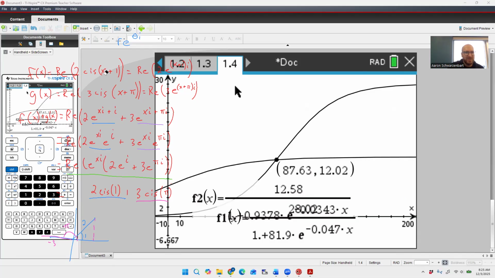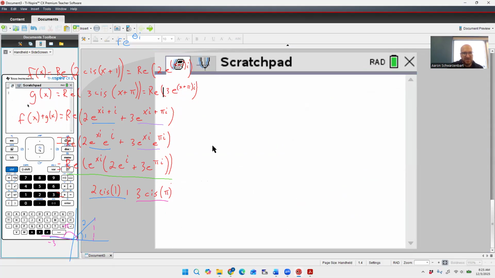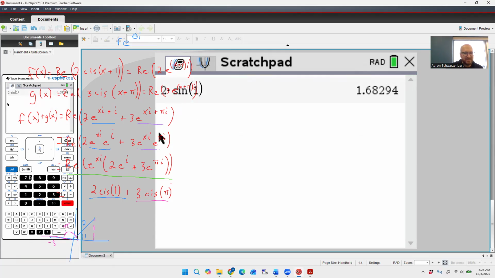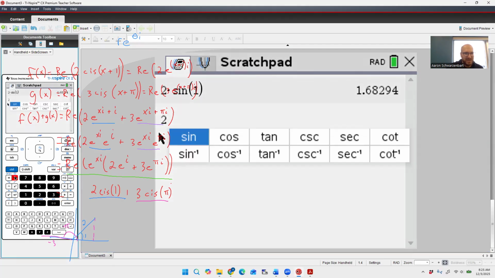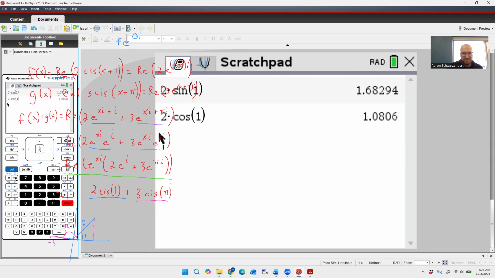I am in radian mode. 2 sine should give me the y coordinate, and cosine should give me the x coordinate. So my blue one here is 1.08 plus 1.68i.